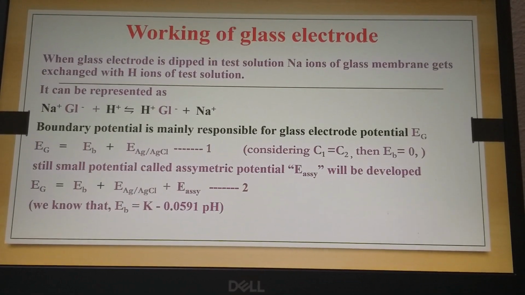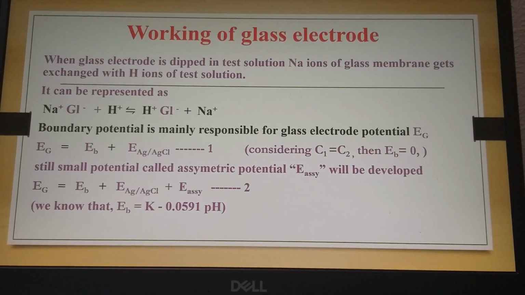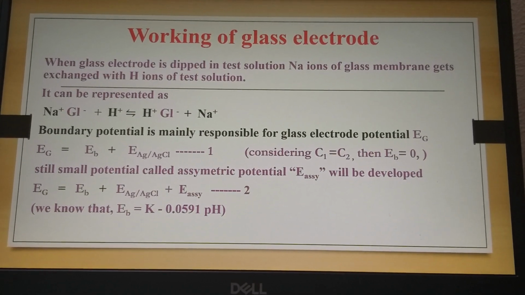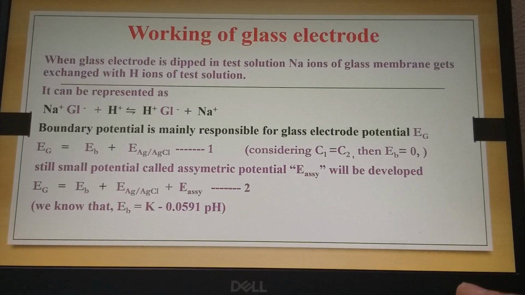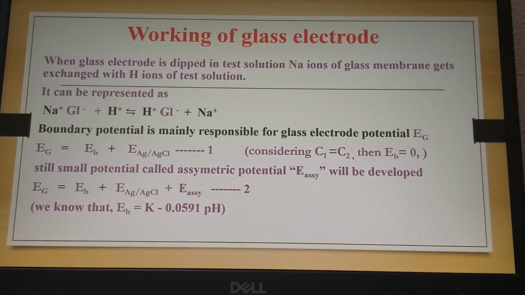The working of the glass electrode is very simple. As we know, soda glass is the important constituent with which the glass bulb is made, so it contains sodium ions.